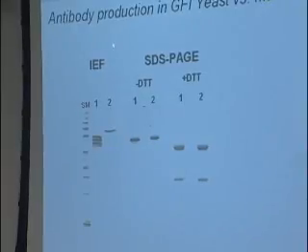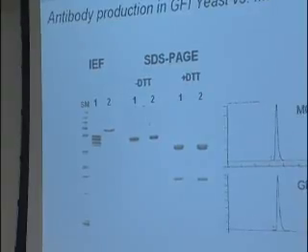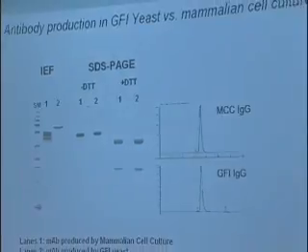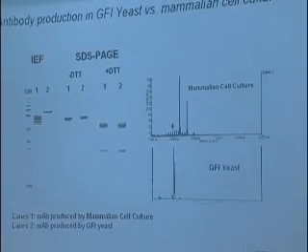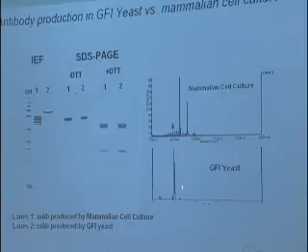If you look at this just by SDS-PAGE, with or without a reducing agent, so this is without the reducing agent, so there you see the fully intact antibody. That's with the reducing agent, so there you see the heavy and the light chain. They look pretty much the same thing. If you look at this by reverse phase or size exclusion, same thing. If you look at the glycans, you can see that the GlycoFi yeast makes predominantly a single glycoform, the mammalian cell culture, a whole array of glycoforms.